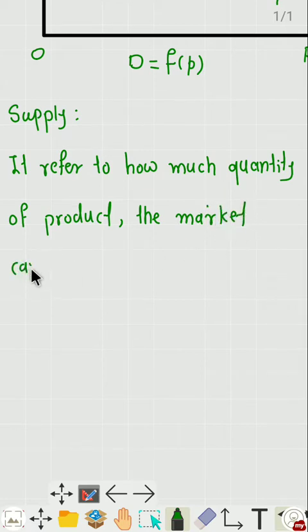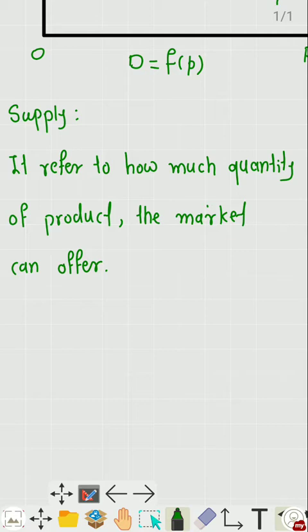The quantity supplied is the amount of a certain good produced. Producers are willing to supply while receiving a certain price.